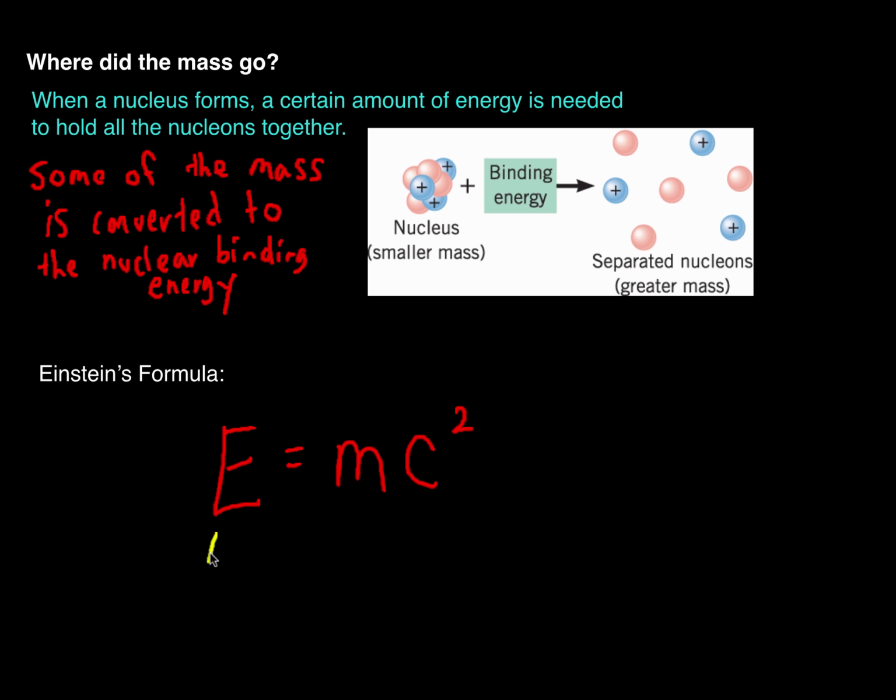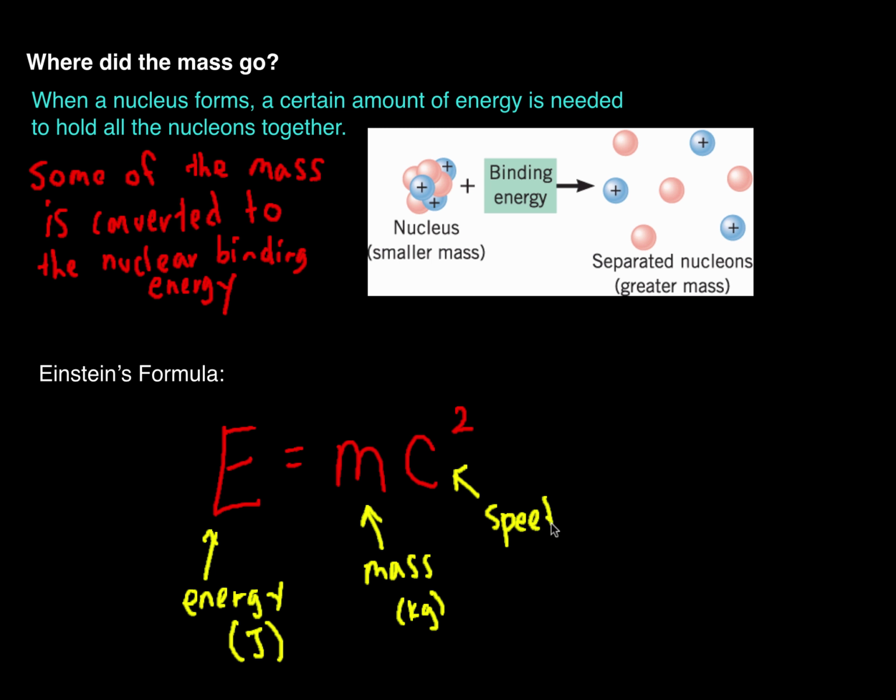In this formula, E is energy, always measured in joules. M is mass, measured in kilograms. And C is the speed of light. This is 3 times 10 to the 8 meters per second. For oxygen 16, the nuclear binding energy can be calculated.